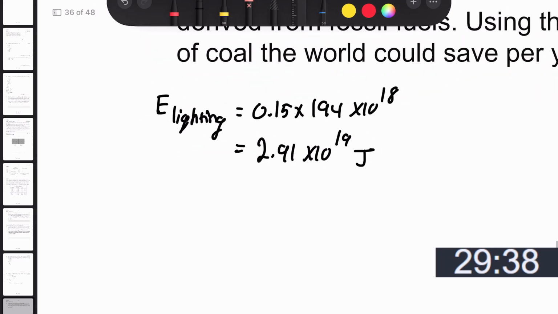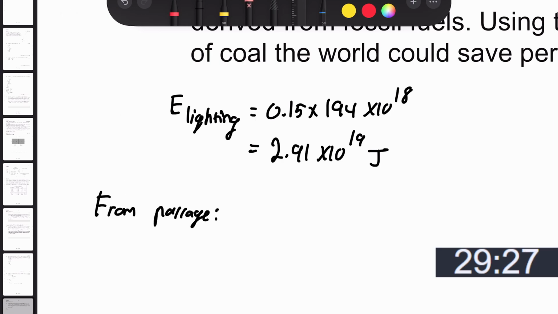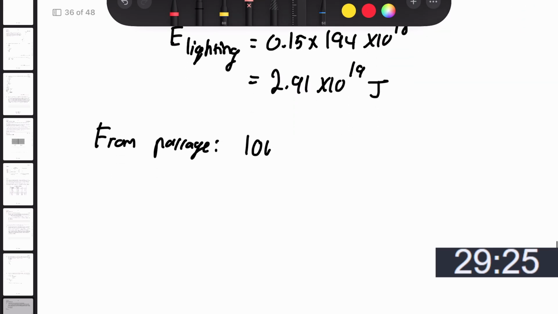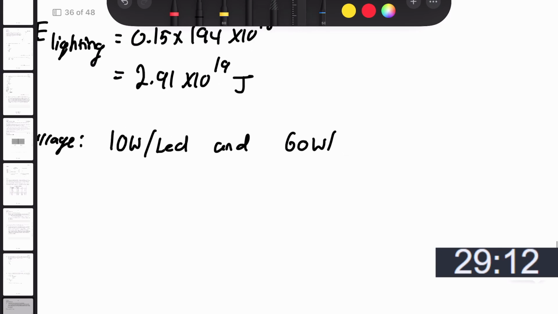So let's say from the passage, oh sorry, 60 watts per incandescent.